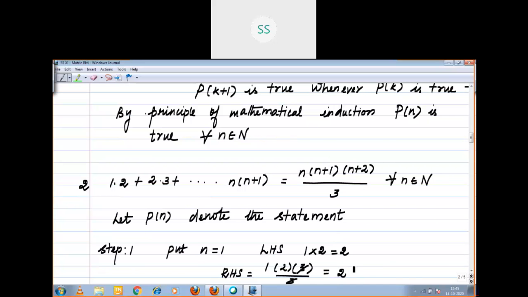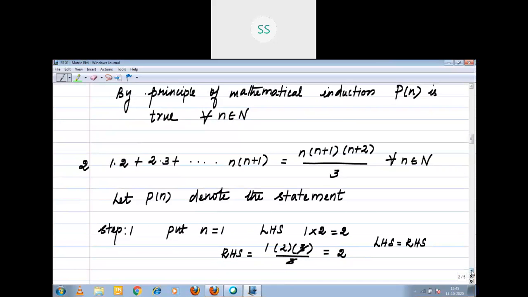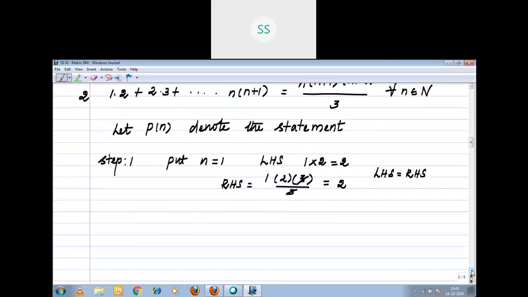In the place of n, you substituted 1 in LHS and the RHS. LHS equal to RHS. Therefore, P of 1 is true. First step, you want to prove the result is true for n equal to 1. Therefore, P of 1 is true.